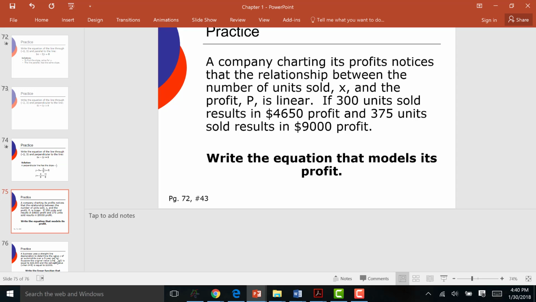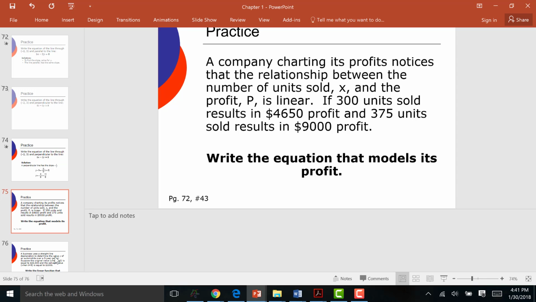375. So the input is what's sold, and this is the profit. So 375. What was the profit? 9,000. Alrighty. So can you see that as input and output? Yes.